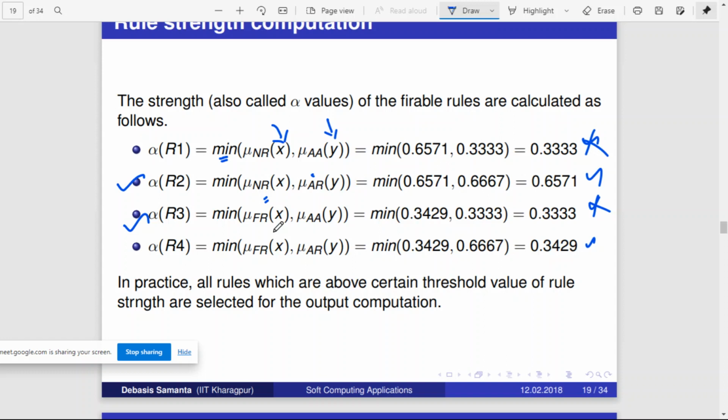The same thing here we are taking as a generic form. If S1 is A1 and S2 is B1, then F is C1. If S1 is A2 and S2 is B2, then F is C2.